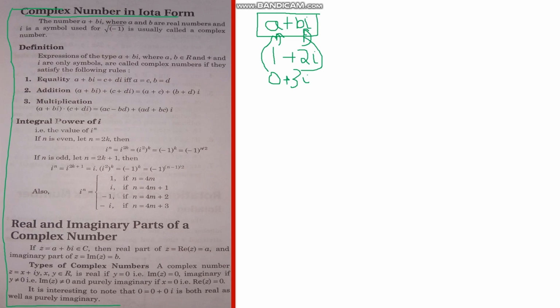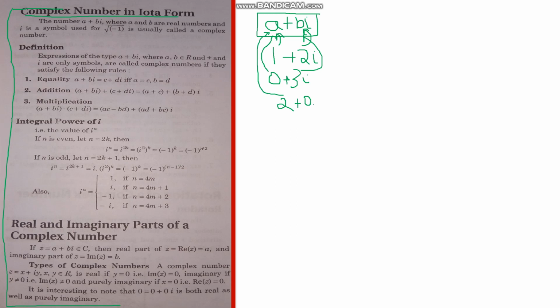Also any real number or integer, like 2, is also a complex number. How? Because given a equals 2, we can write it as 2 plus 0 into i.